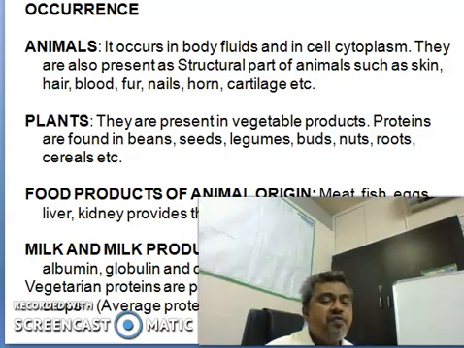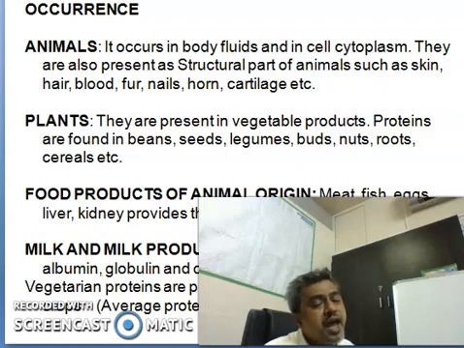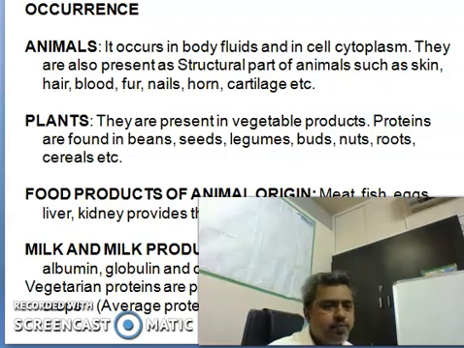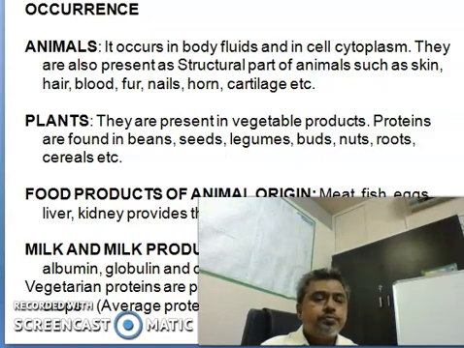It occurs in body fluids, in the cell cytoplasm of animal cells, and in structural parts of animals, as I said previously: hair, blood, fur, nail, horn and cartilage. In plants too, it is present in vegetable products, and in food products of animal origin such as milk and milk products, paneer and khoya.